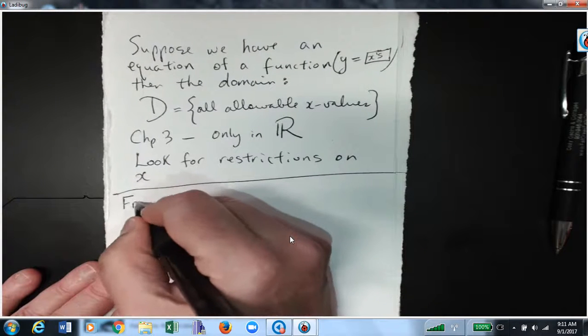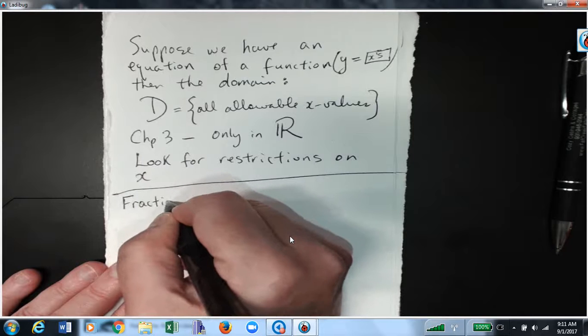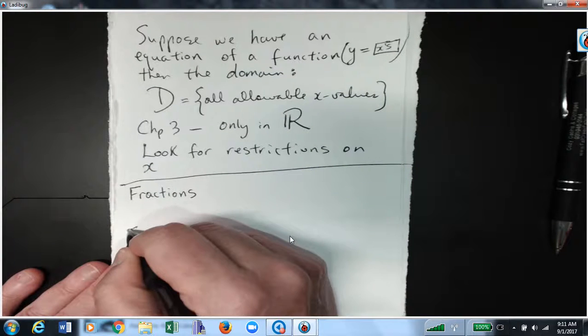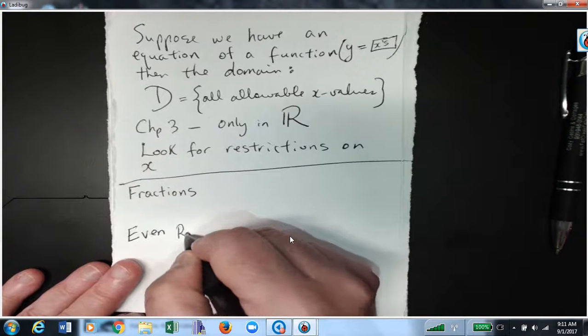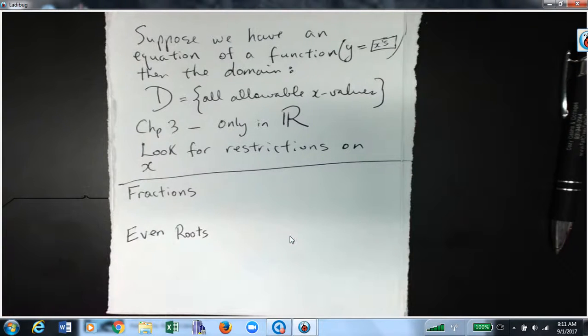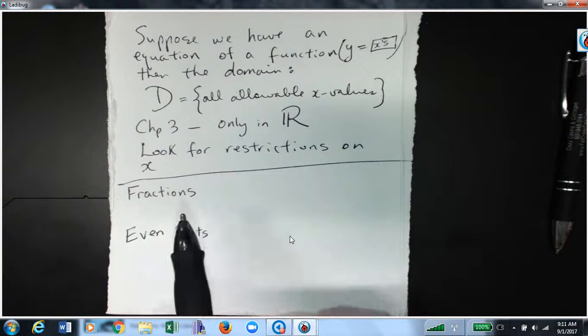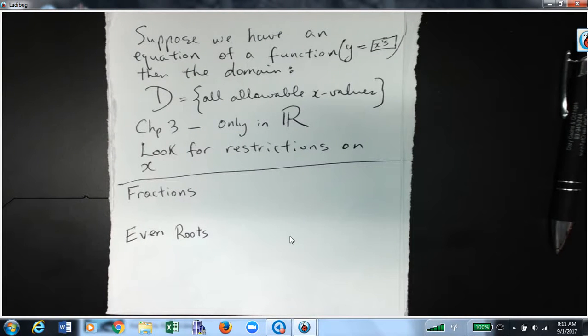Two common places that we have restrictions are fractions and even roots. When I say even roots, I mean square roots, fourth roots, sixth roots, eighth roots, and so forth. Now, with a fraction, where do you get in trouble? What is not allowed for fractions?